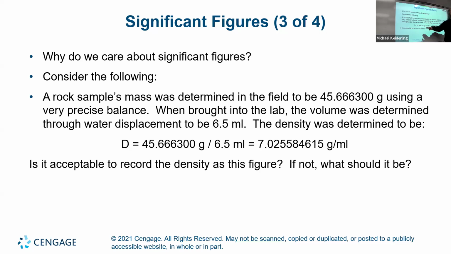Our mass measurement was super accurate, but our volume measurement was way, way poorer. So our volume measurement is our limiting factor, because it might be off by plus or minus 0.1 milliliters. And that's going to make a change around these digits, something around here. So all this stuff beyond that point is meaningless.